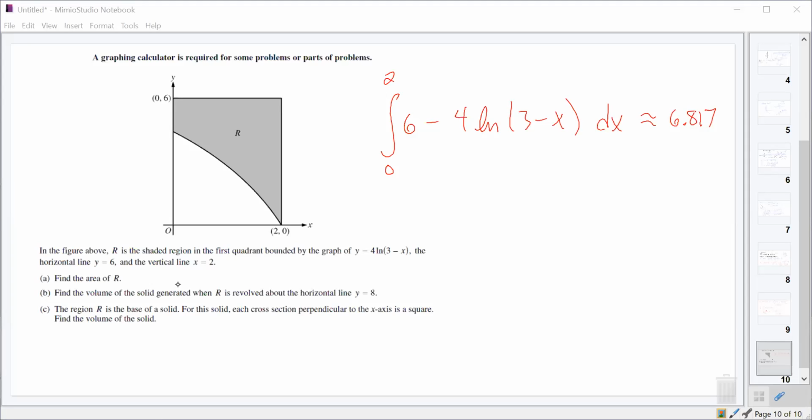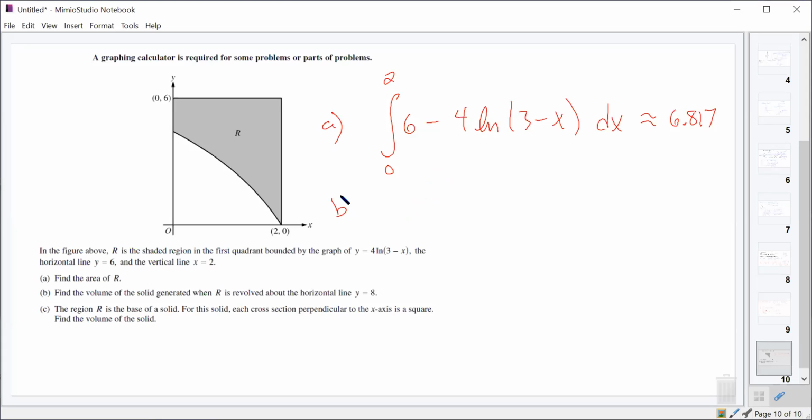Should be the same. Yeah, either way, if you separate it out, it's an integral of 6 from 0 to 2, or that's 6x from 0 to 2, which is 6 times 2. So that's 12, and then minus the integral of this. So same thing.